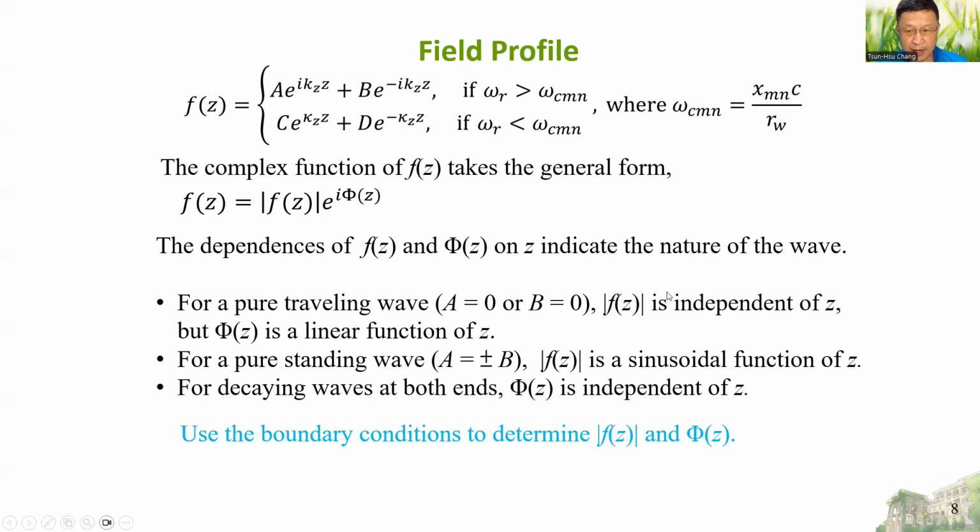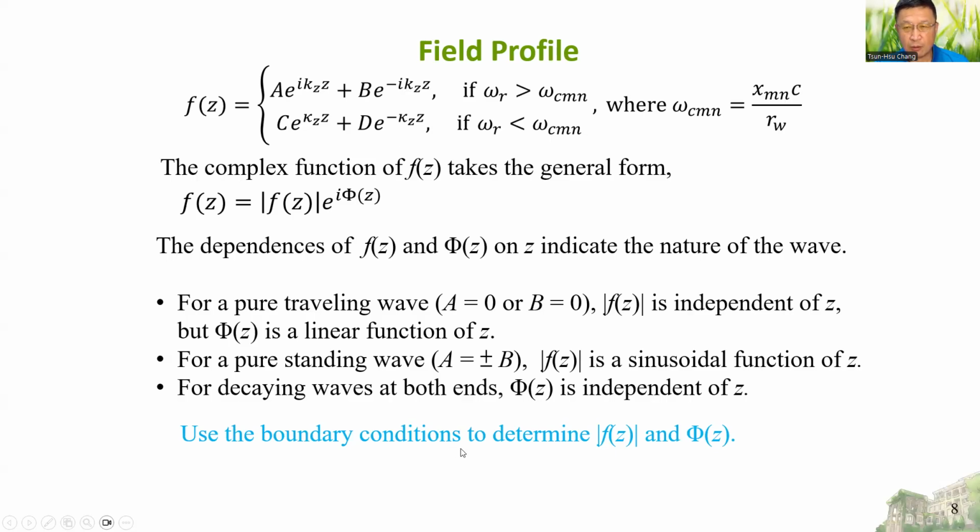The wave cannot propagate under this condition. For decaying waves at both ends, an exponential decaying wave, phi of z is independent of z, because we have a real component only, real and real.